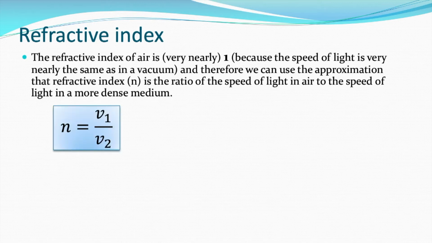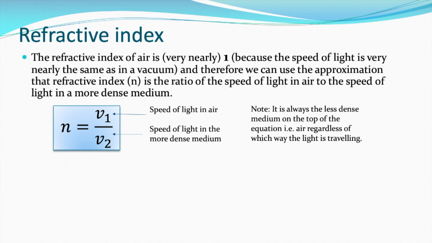So the same relationship, but we can use the approximation that it's the speed of light in air on the top and the speed of light in the more dense medium on the bottom. It's always the less dense material that's on the top, regardless of which way the light is travelling. So V1 is always the speed of light in air.